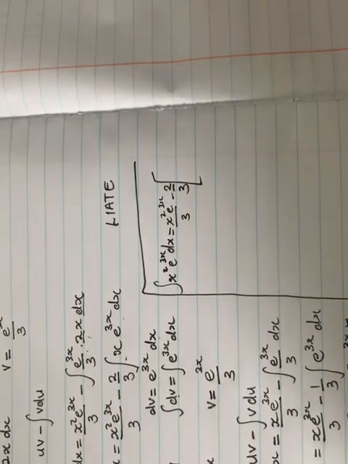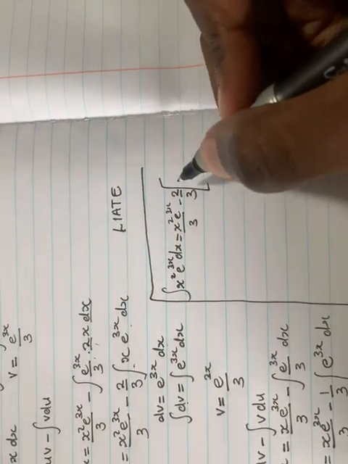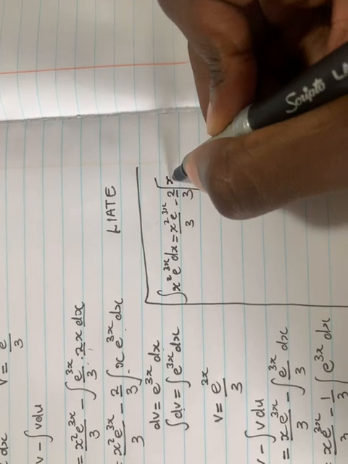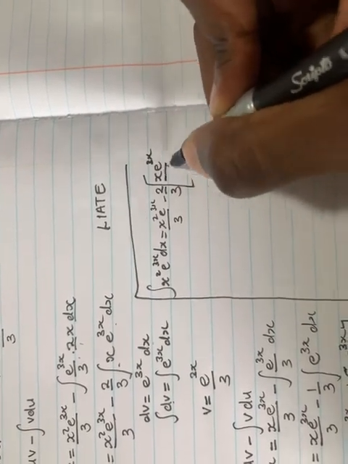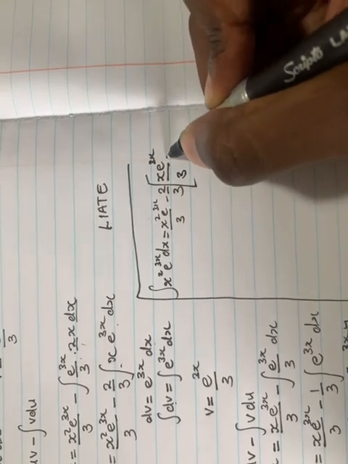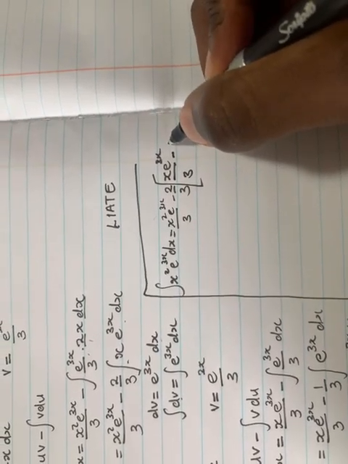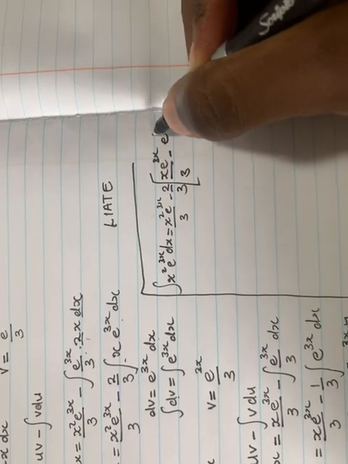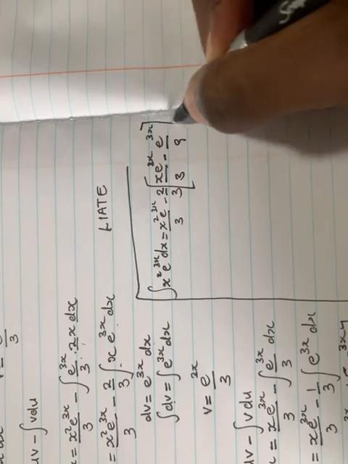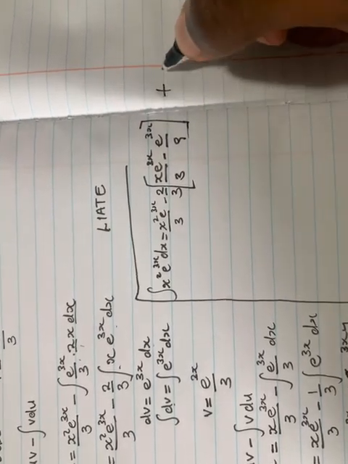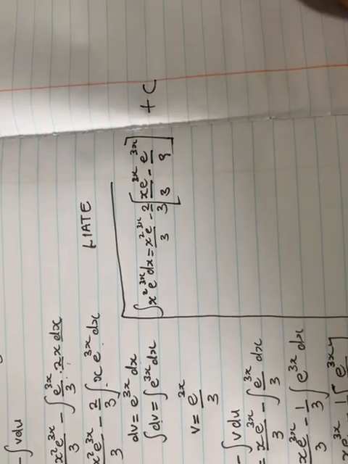I will be having a problem with the space, but we can continue and substitute x e to the power of 3x over 3 minus e to the power of 3x over 9, and close the bracket, and plus our c, which is the constant.